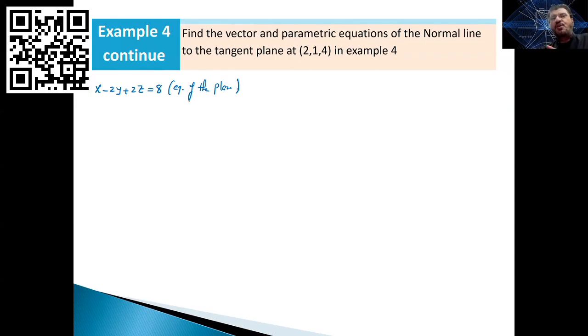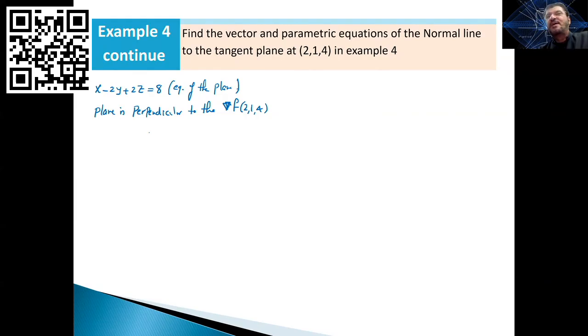We know that this plane is perpendicular to what? To the gradient of f at what point? At 2, 1, and 4.